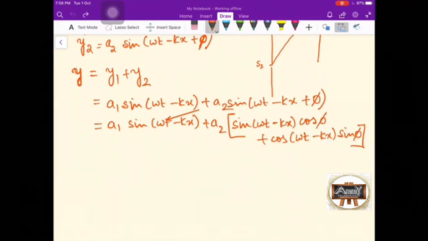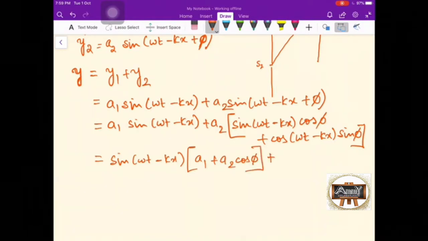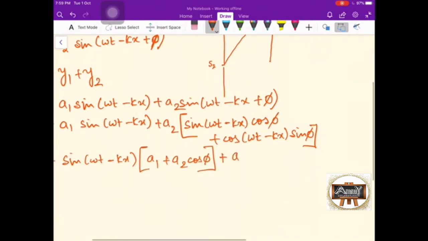So let's proceed to do it. Sin(omega t minus kx) times (A1 plus A2 cos phi) plus A2 cos(omega t minus kx) sin phi.